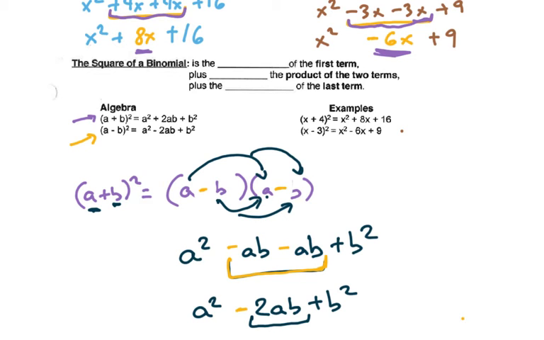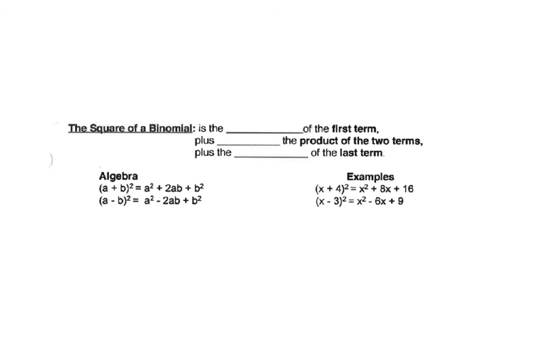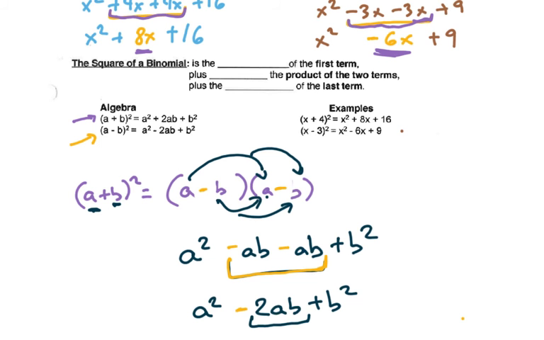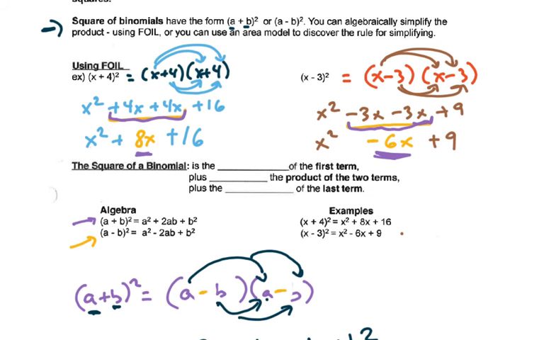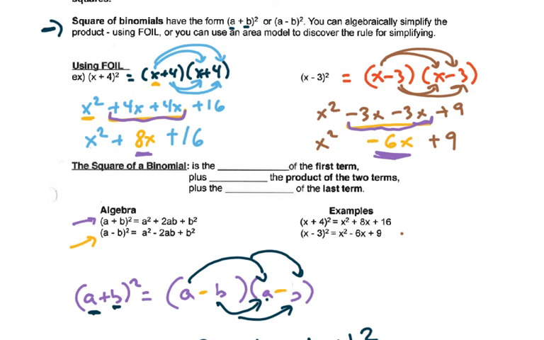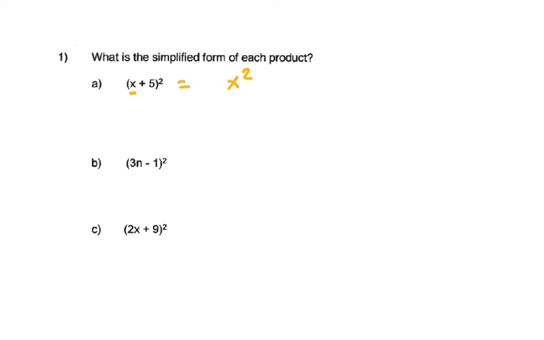What does this actually translate to? Why am I talking about this? Because if I give you an example like x plus 5 squared, I don't need to FOIL this. We take the first value, x, and square it. Then you go to the back value, which in this case is 5, square it and put it at the back.